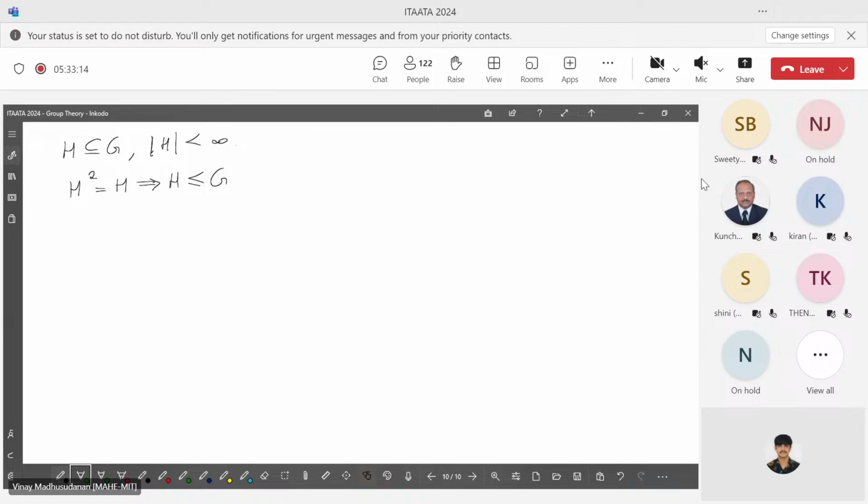If you take two elements from it and multiply them, all of this together is H square.